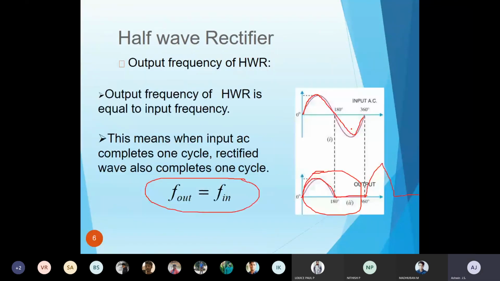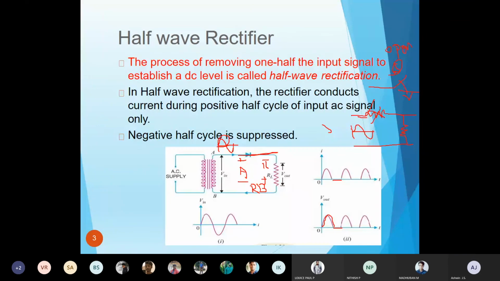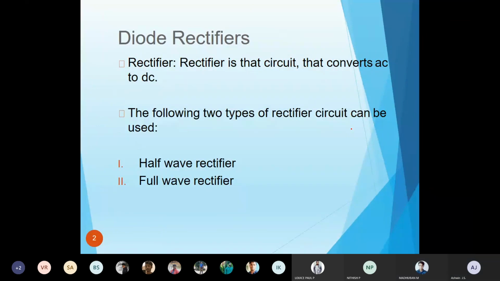Now let me clear about the half wave and full wave. Yeah, clear, sir. Any doubt, guys?